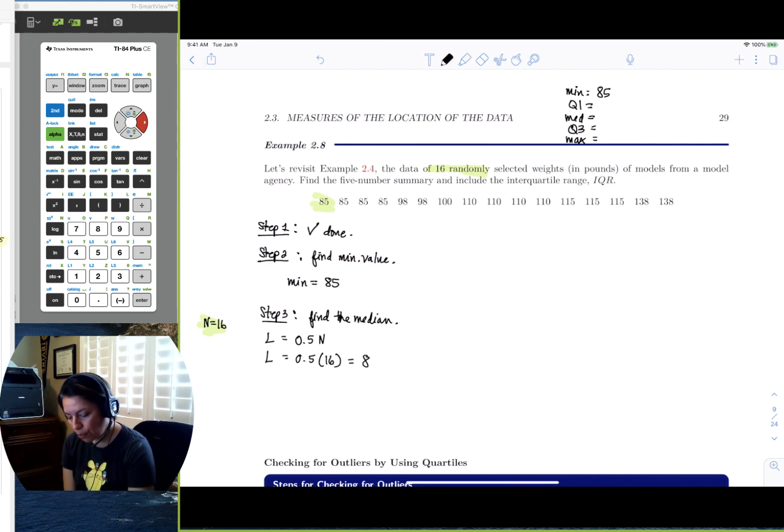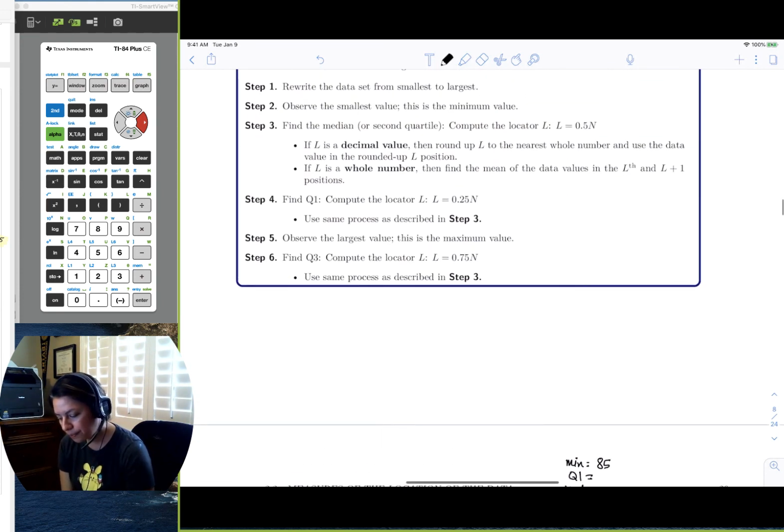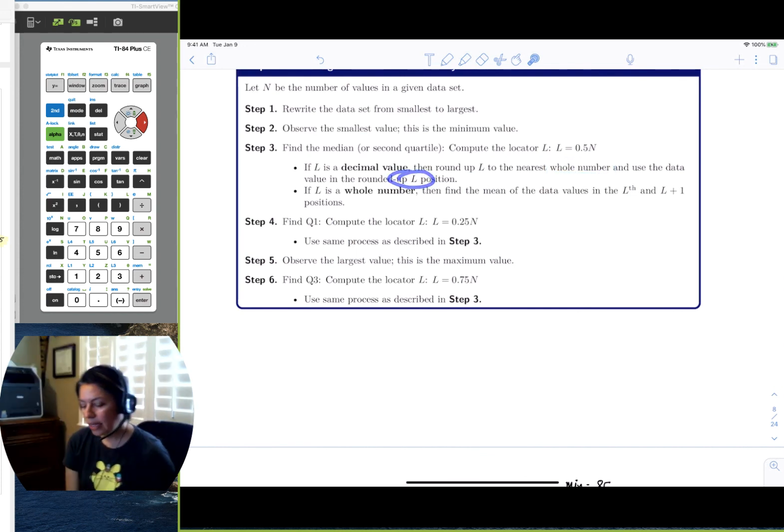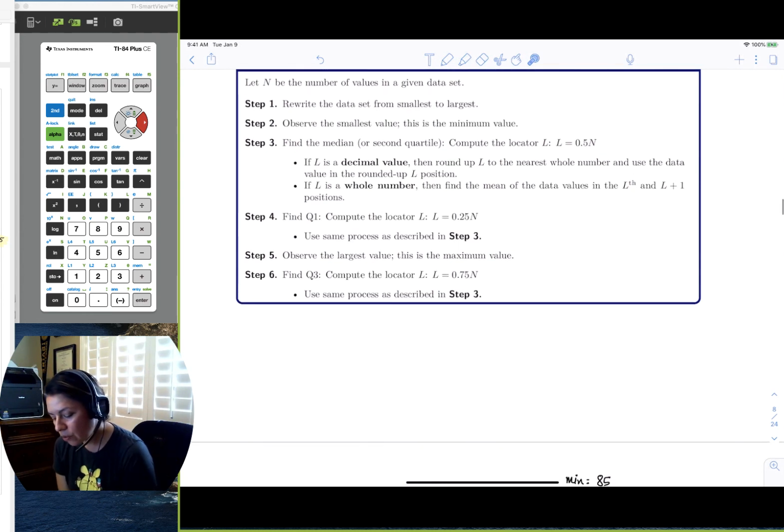Now, if we go back to the box, you'll see that there's 2 cases that we have. The first case is if L, the locator, is a decimal value, then round up to the nearest whole number, and that is the median. If L is a whole number, then find the mean of the data in that Lth position and the one to the right of it.